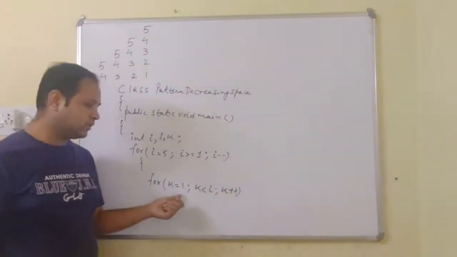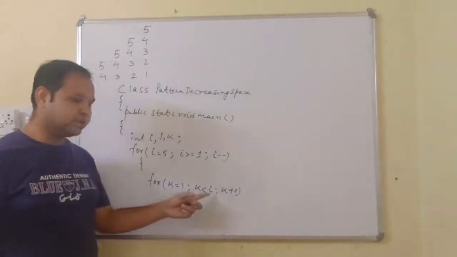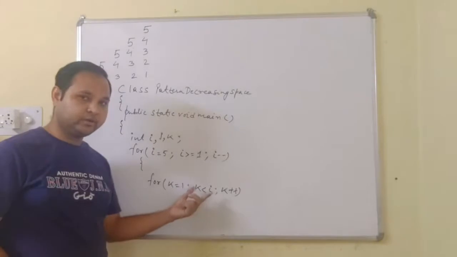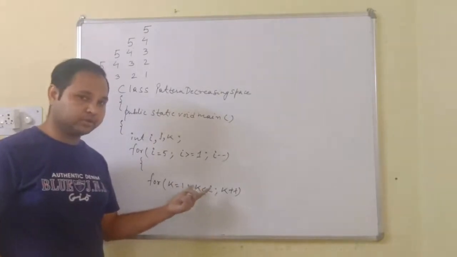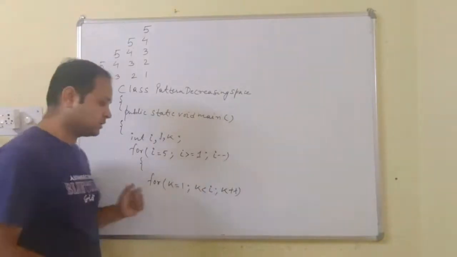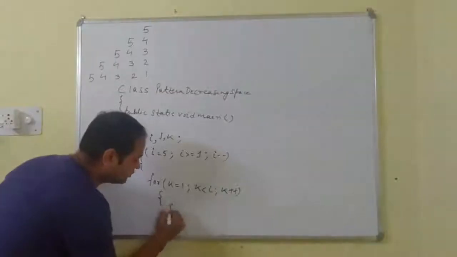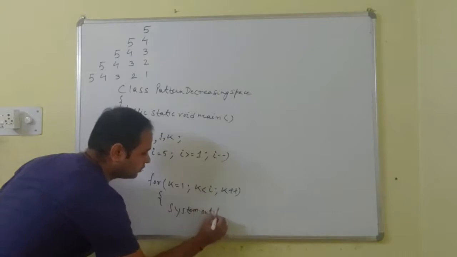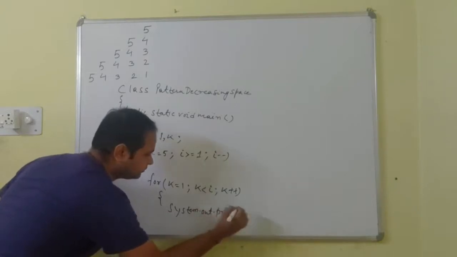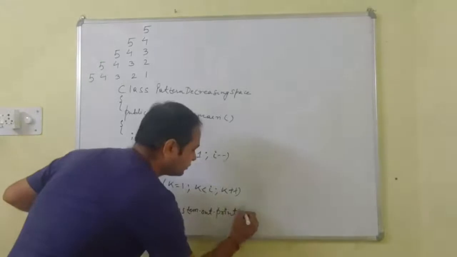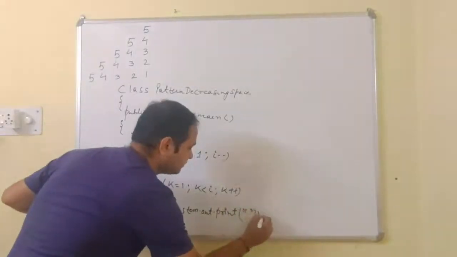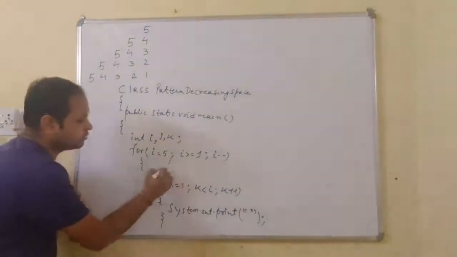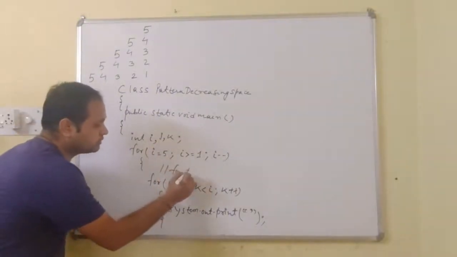So k starts at 1, and 1 less than the i value, which is first time 5. So this loop will rotate how many times? 4 times. So we can easily print 4 spaces. So we write here system dot out dot print, one space. Then I will close this. So this is for printing space.